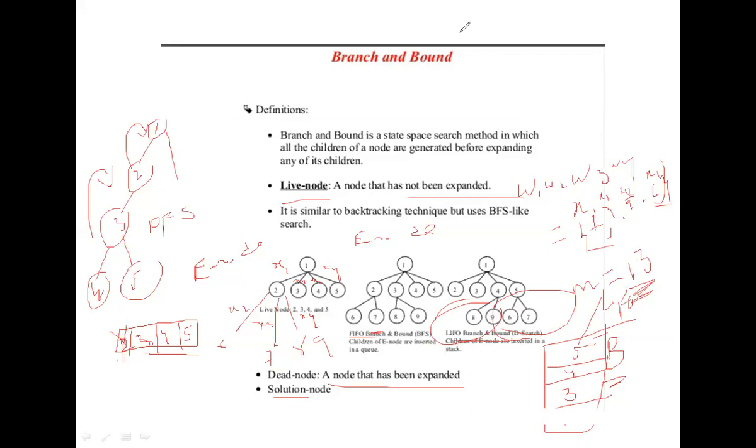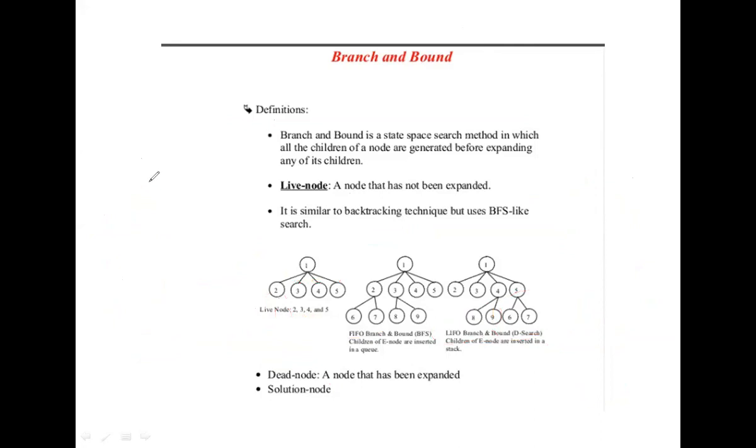So what is the next, last one? LCBB, least cost branch and bound. Here we are using a priority queue. See here the cost is 25. By node cost we have to decide which node has to be expanded next. So this node is 25, this node is 30, and this node is 20.